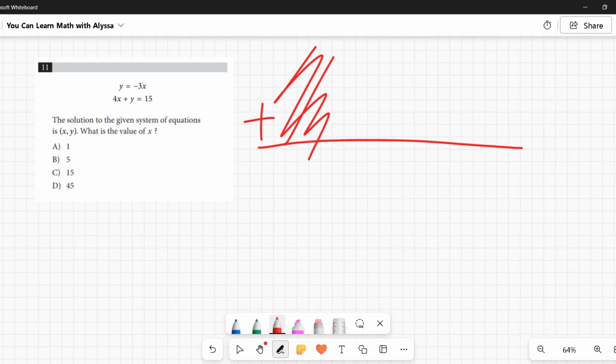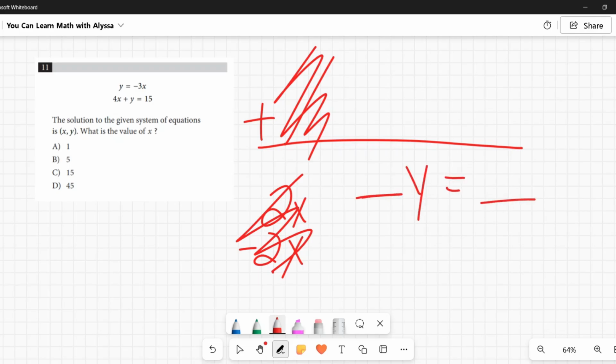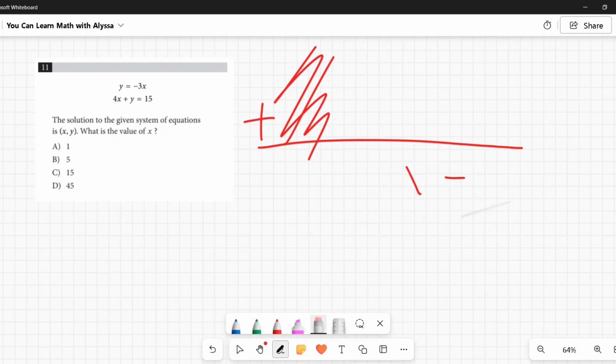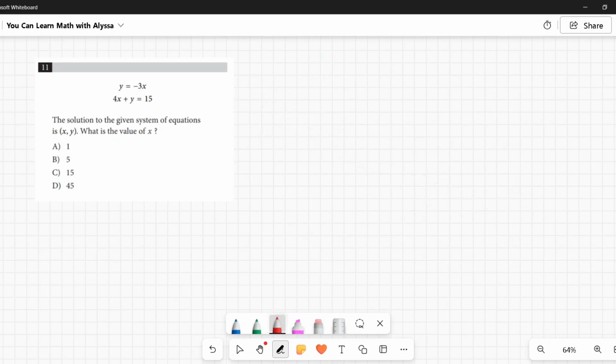If it's like 2x and negative 2x, those would cancel out, and you're just left with a number of y's and a constant over here, so that way you can solve for y. The whole idea is always to isolate one of these variables and get it equal to a constant. The other method you can use for this is substitution.